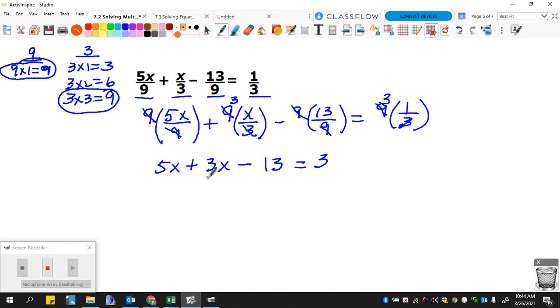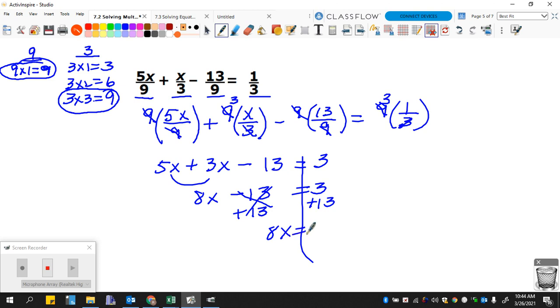Now we combine our like terms. 5x and 3x is 8x minus 13 is equal to 3. We add the 13 to both sides. We end up with 8x is equal to 16 divided by 8, and x is equal to 2. All right?